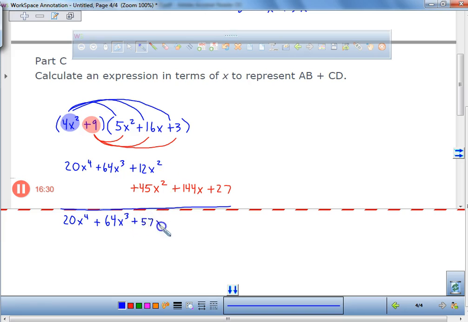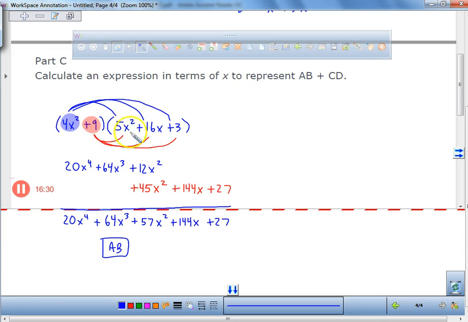We have a total of 57x squared, a total of 144x, and 27 at the end. Okay? All right, so what does all this represent, guys? All of this represents A times B. So this represents A times B.